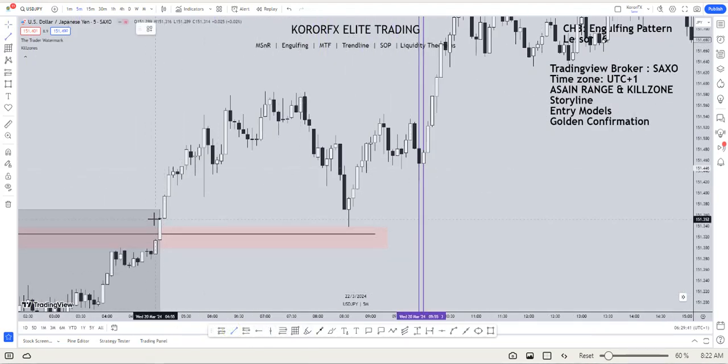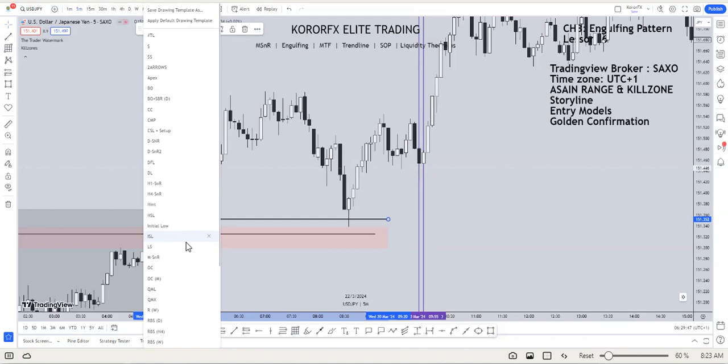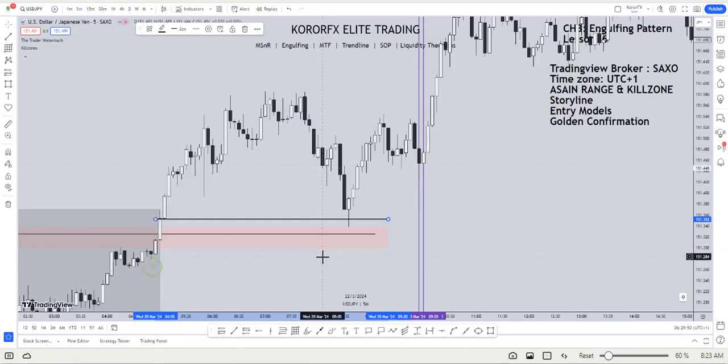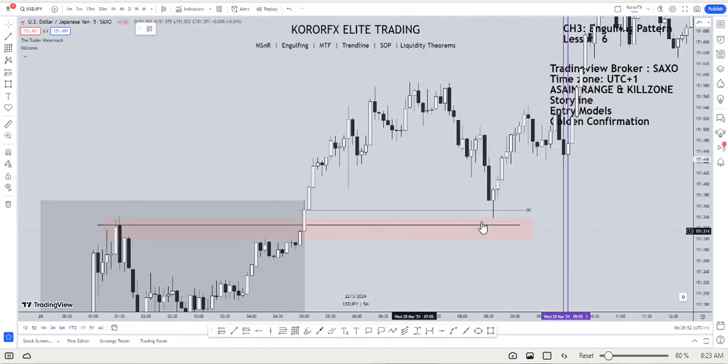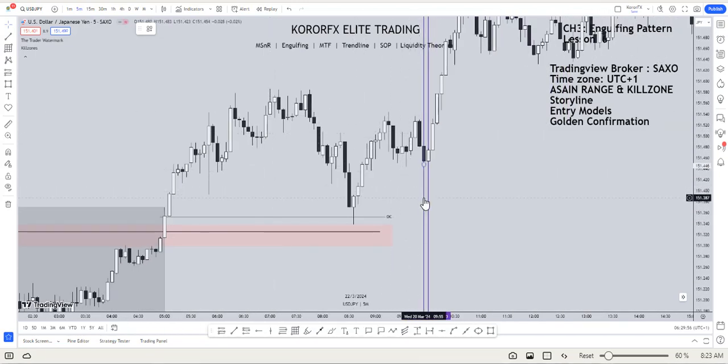You see this is the open close, OC. When price touches the open close, then it will go up. But at which time? It must be between 8 and 10.